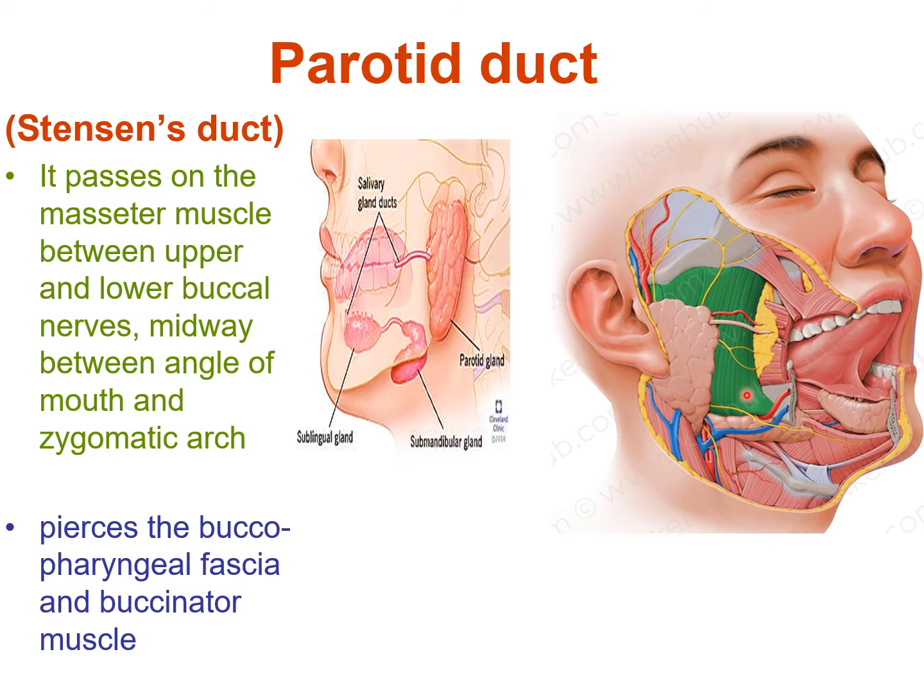At the anterior border of the masseter muscle, the duct abruptly turns. It takes a sharp 90-degree angle medial turn towards the buccal pad of fat, and it pierces the buccopharyngeal fascia and the buccinator muscle opposite the third molar tooth.